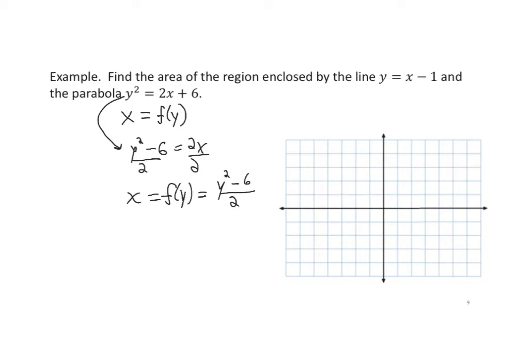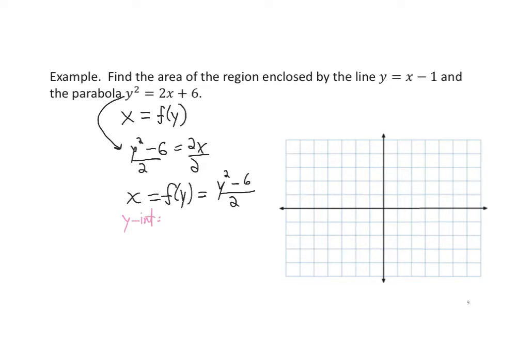So how do we graph that parabola? It'll help to figure out the vertex and the y-intercepts. Instead of x-intercepts like we usually might, we want to figure out y-intercepts.